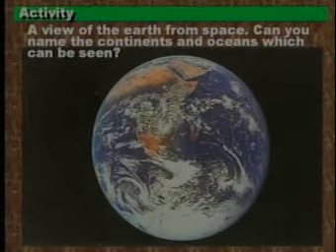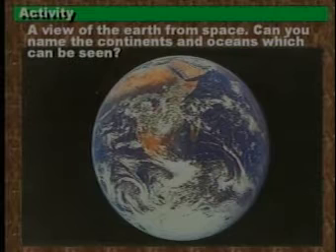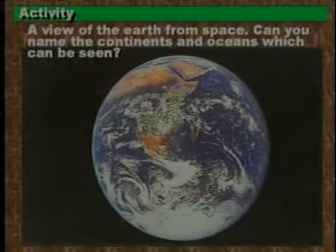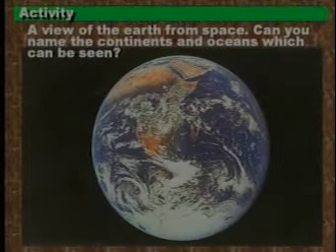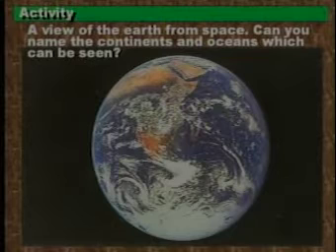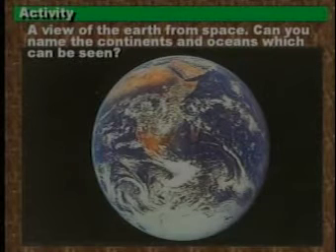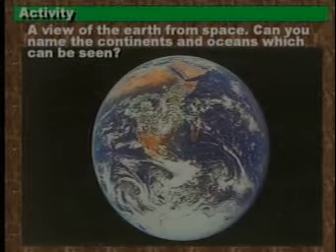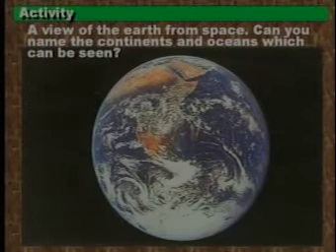If you look at the information from your worksheet, it is black and white, and it might not be that clear for you to identify and name the continents and the oceans which can be seen from that photograph. You can make reference to the information from the monitor, which is in color, and from that photograph, see if you can name the continents and the oceans which can be seen. That is the second activity.